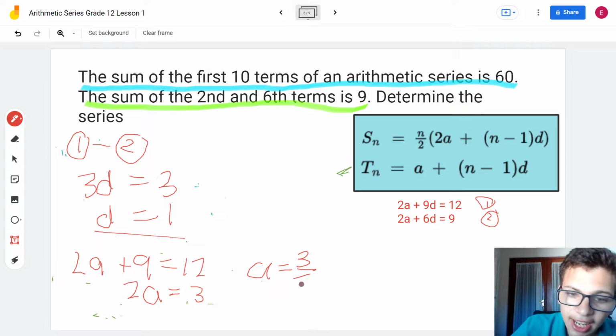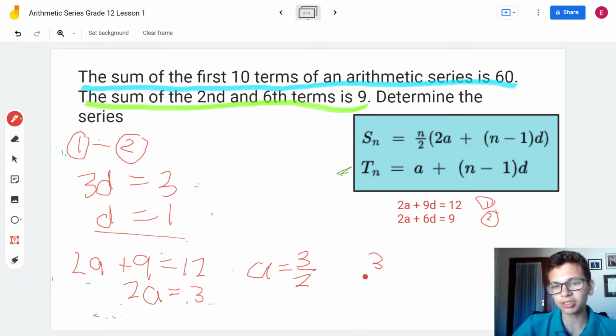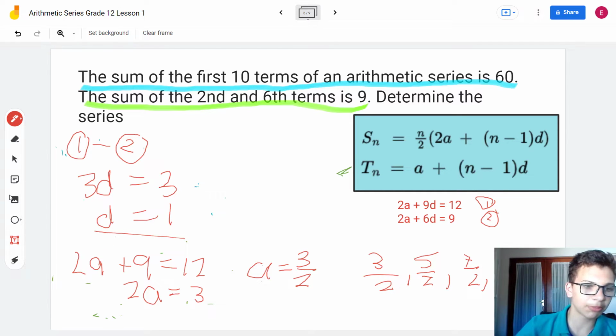Okay, and what is a? A is our first term. So we have our first term, we have a common difference. That means we can actually find the series. So our series is 3 over 2, 5 over 2, because we're adding 1 each time, 7 over 2, and so forth. And that will be our answer.